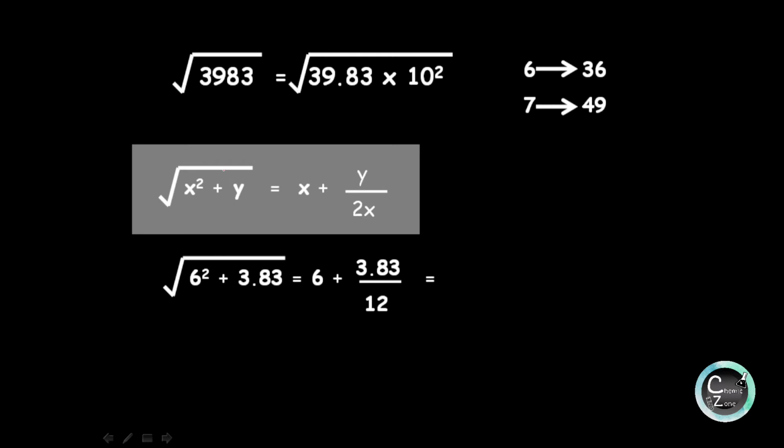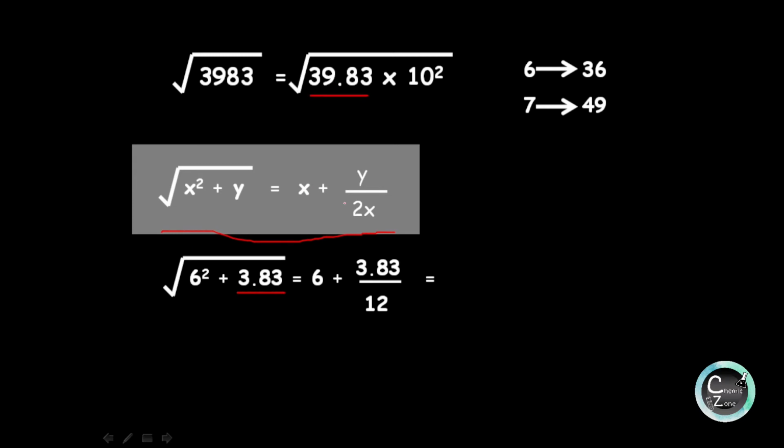Now using this formula, here x will be 6. 6 square means 36, and if we add 3.83 to 36, we will get 39.83.